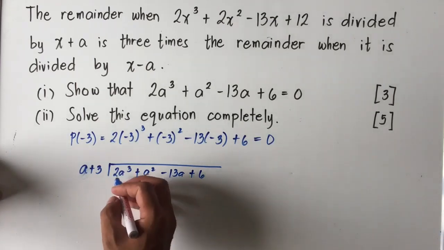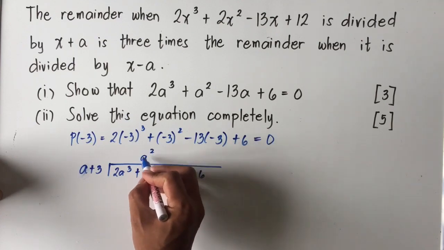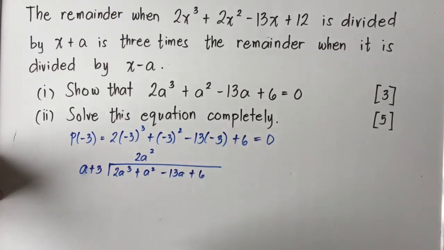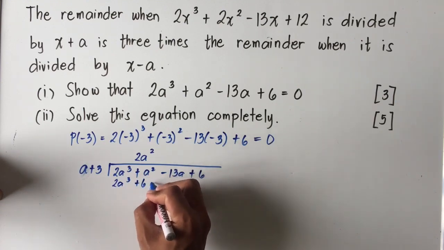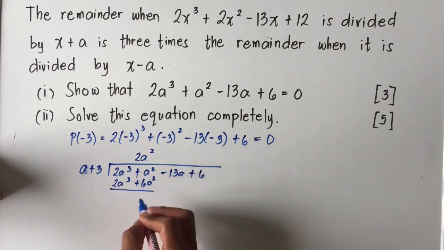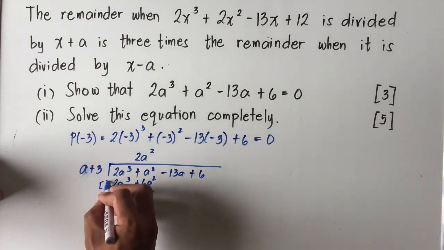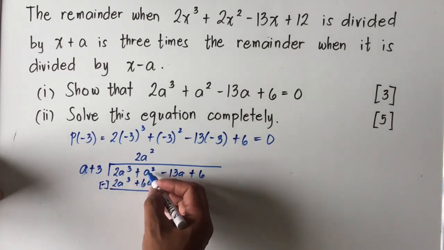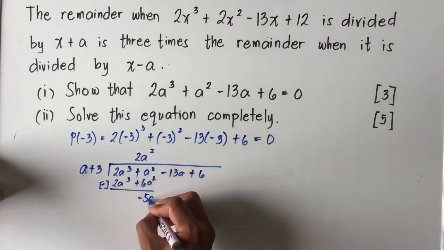So I have 2a cubed divided by a, which is 2a squared. So I'll have 2a cubed plus 6a squared. Okay, so you have to subtract. You'll have a squared minus 6a squared, which will be negative 5a squared.